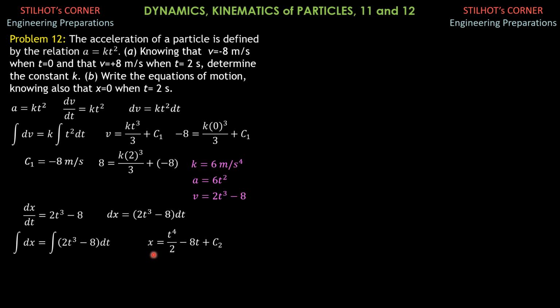So 0 equals 2 to the fourth over 2 minus 8 times 2 plus c sub 2. So c sub 2 is 16 minus 8. So c sub 2 is positive 8. That's the value of c sub 2. So therefore, x is t to the fourth over 2 minus 8t plus c sub 2, which is 8.